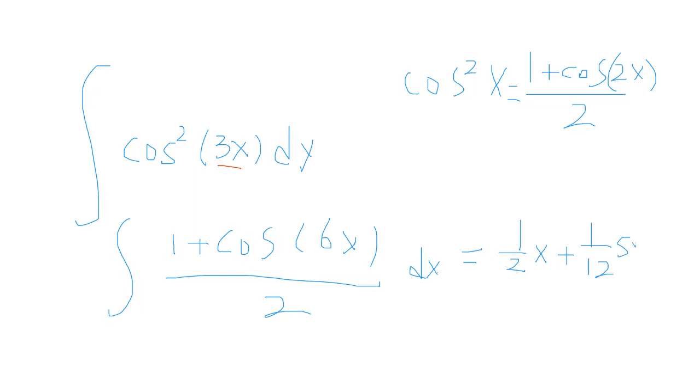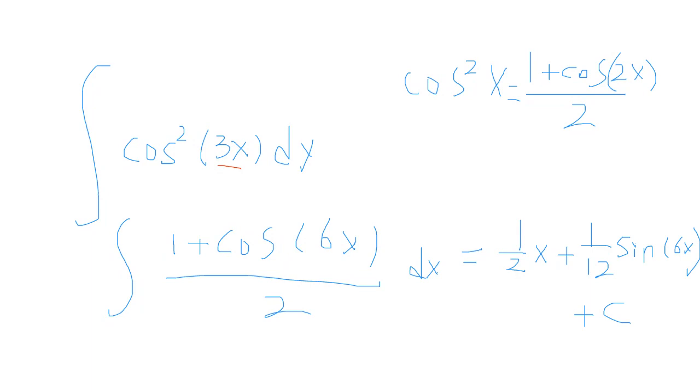Sine 6x comes from cosine 6x being the differentiation of sine of 6x. Right, just plus some constant. That's it. Does this make sense? Anyone have any questions? Okay, all right. So that's it.